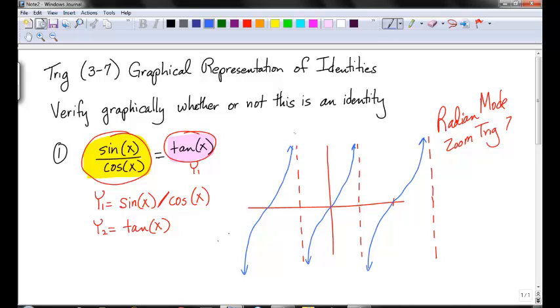Put that trace key on, get off the origin, so you're not right on the origin. Use your up and down arrow. Okay, look at the ordered pair down below. Then you use your up and down arrow. Are we getting the same ordered pair? Yeah. Okay, so that's how you know, yes, I'm graphing.